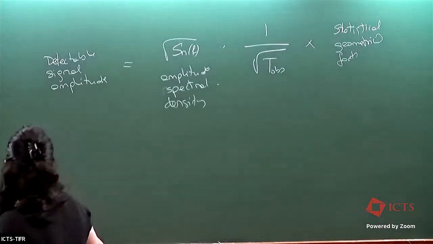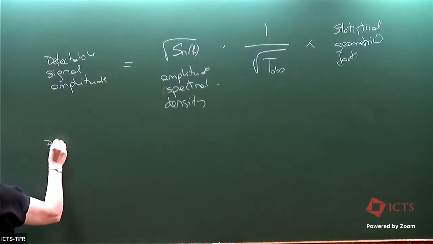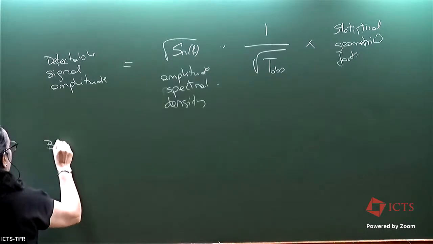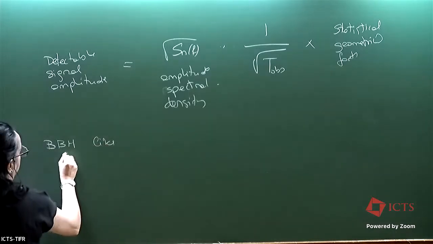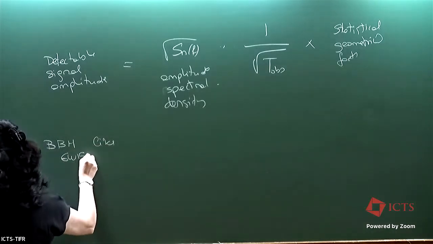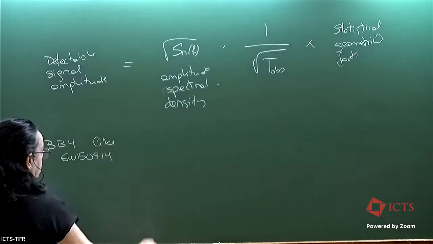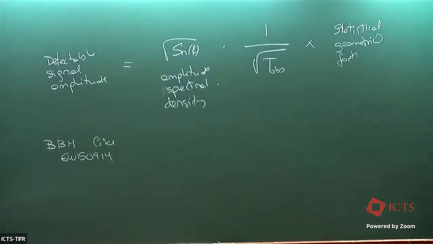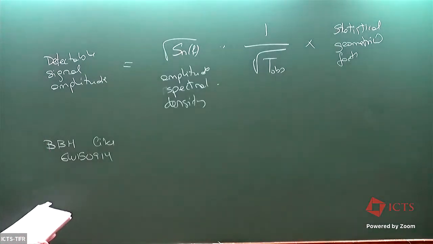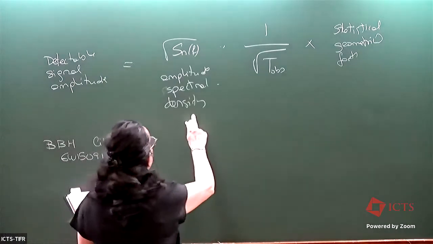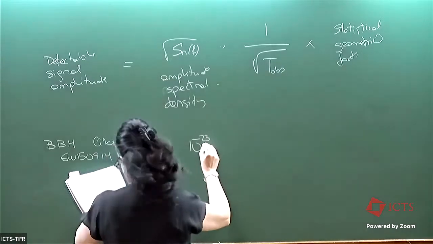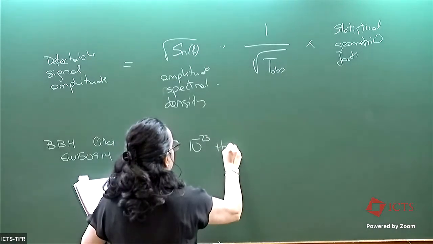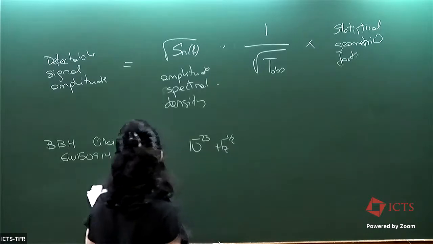Let's recall the first detection that was done, that was a binary black hole, GW150914, at the initial of advanced LIGO, where one was having a spectral amplitude of the order of 10 to the minus 23 hertz to the minus 1/2.